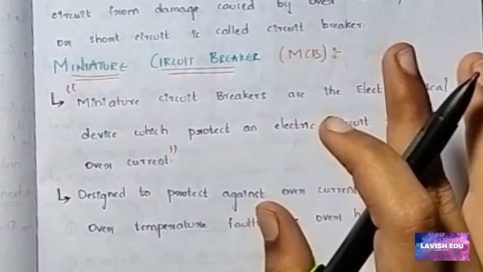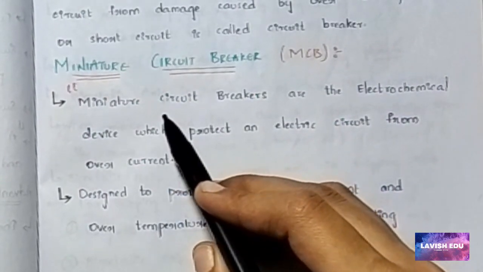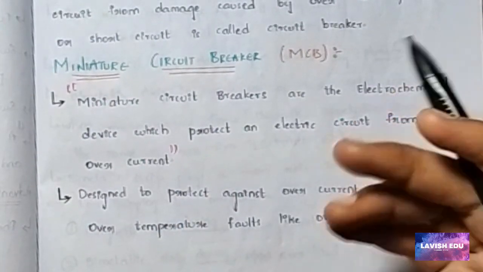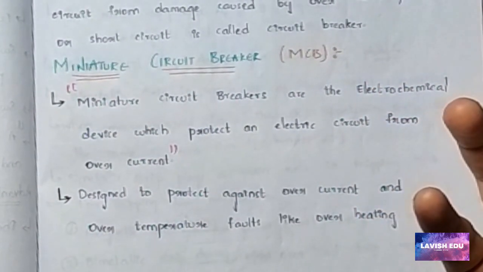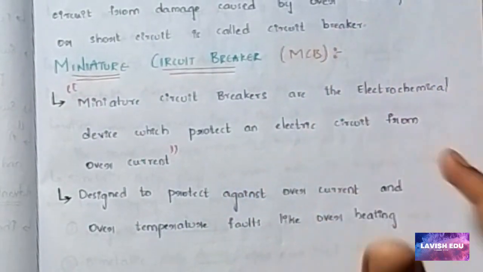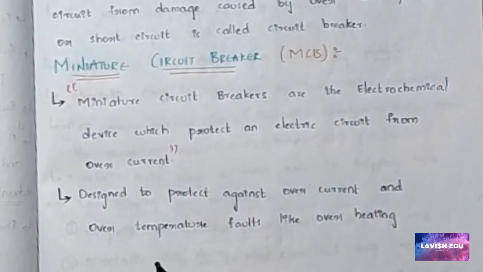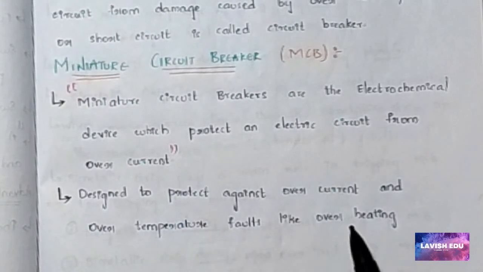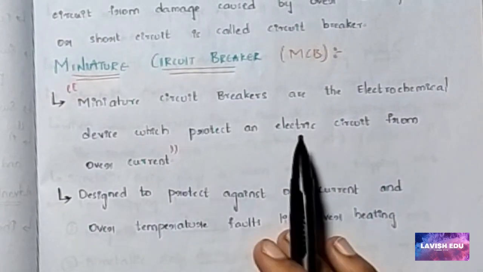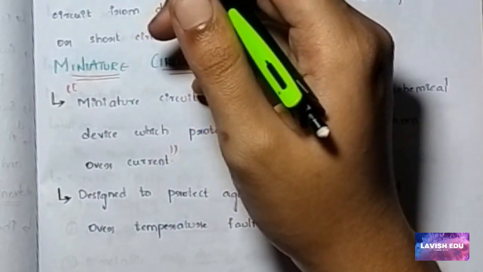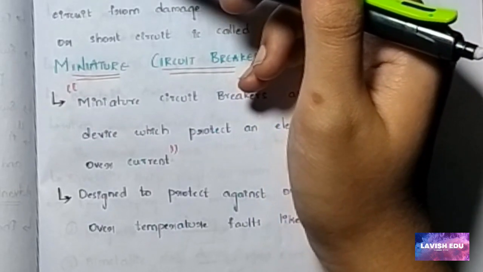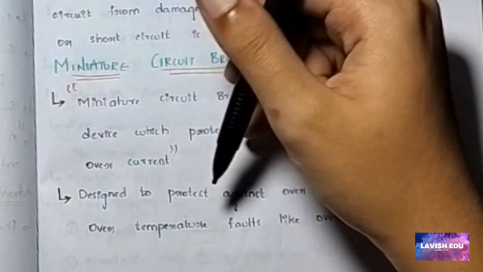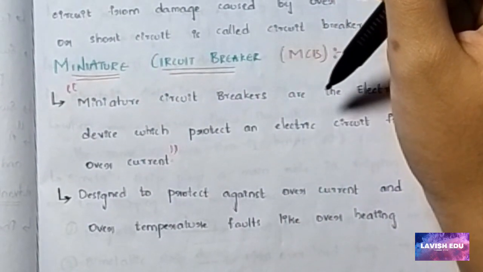It is designed to protect against overcurrent and over-temperature faults like overheating. Sometimes our circuits or junctions get overheated, which produces great damage to the systems. To avoid all these conditions, we use miniature circuit breakers.